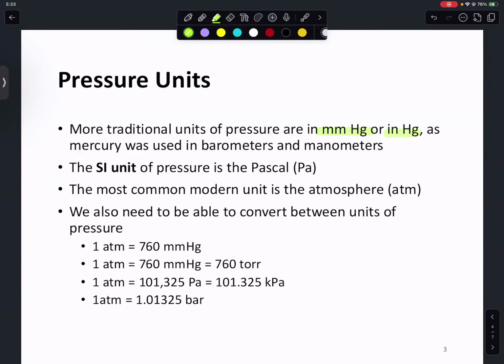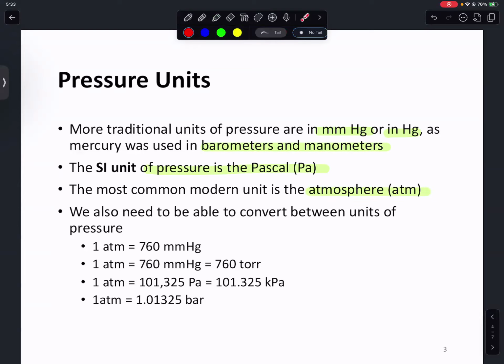These are used in instruments that measure the pressure of gases, such as barometers and manometers. But the SI unit of pressure is the Pascal. The modern common unit that we will also be using in some of our calculations is the atmosphere, or atm.